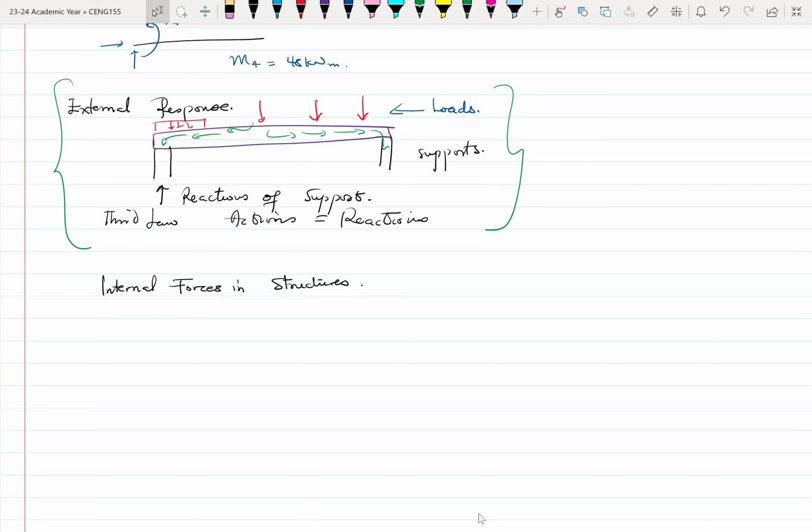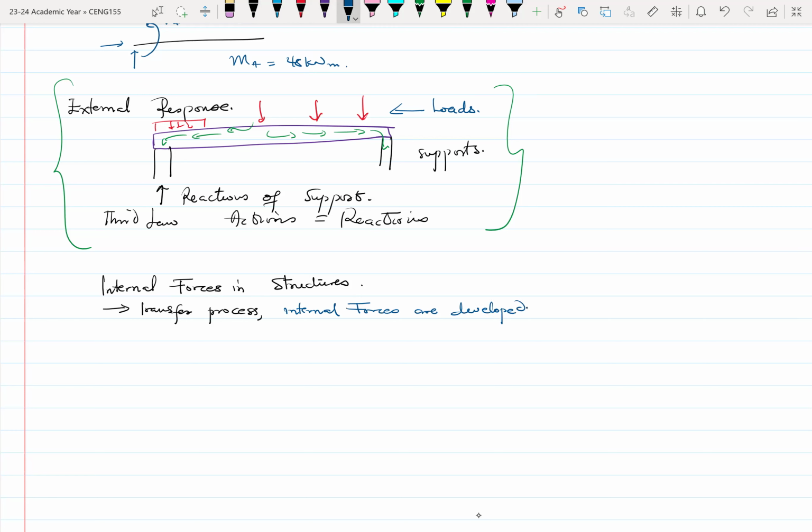Pretty much during the transfer process, internal forces are developed.